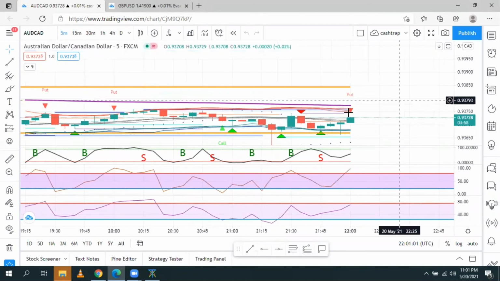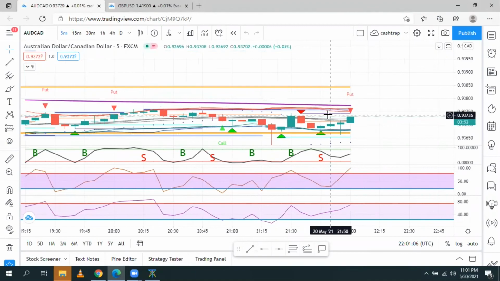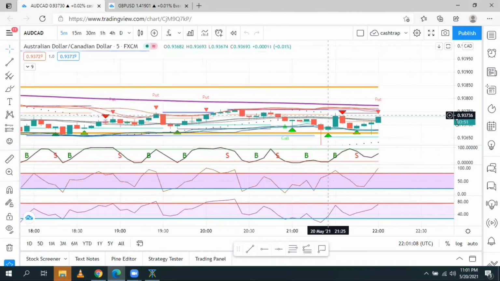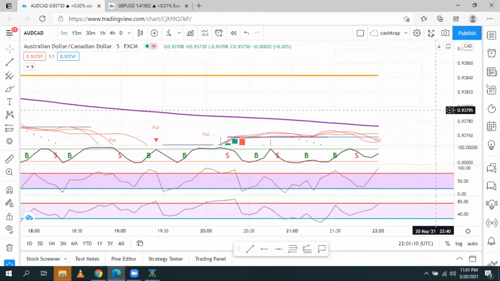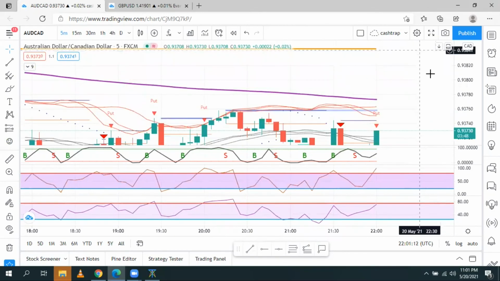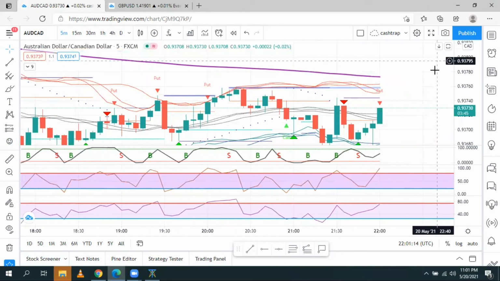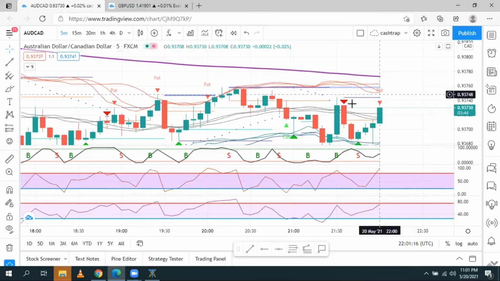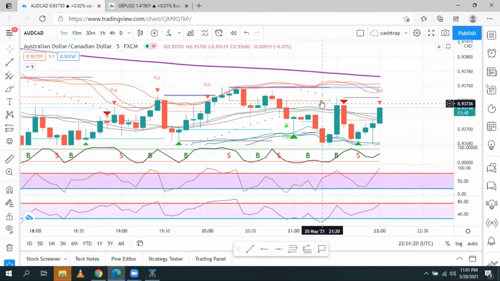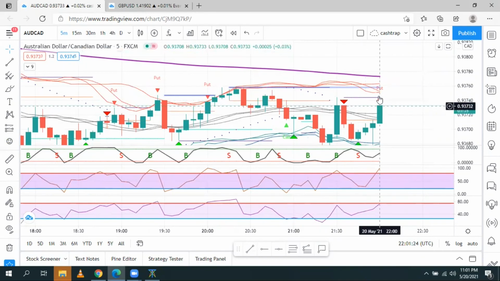You can see this was giving a put at a resistance here, but it's not at the point of resistance here. Let me show you something. Using the indicator, it's giving you the put already, but it's not yet at the point where the market was rejected. So someone who would have taken the put will be losing right now.